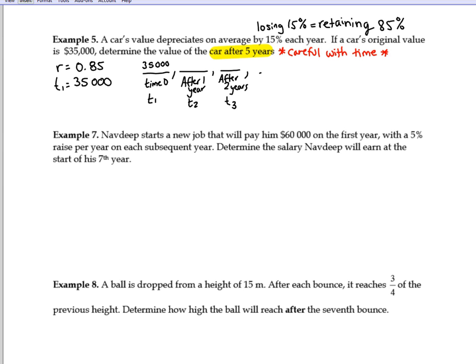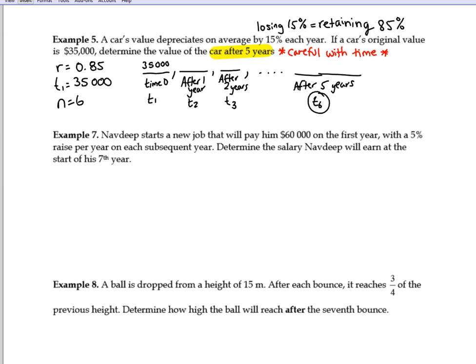So after 5 years, what's our end value after 5 years? 6. This would be term 6. Okay, n is 6. So although it says after 5 years, that's term 6, because time starts at 0 in this case. Really be careful with time.